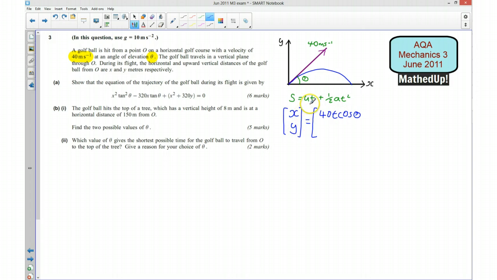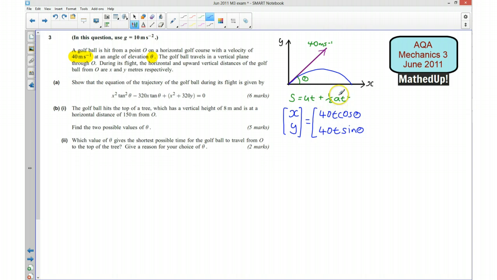For my y, u is going to be 40 sine theta, so ut is going to be 40 t sine theta. And for this part here, half at squared, we're told that g is 10 meters per second squared, so that's going to be an acceleration of negative 10 because gravity is acting in this direction.